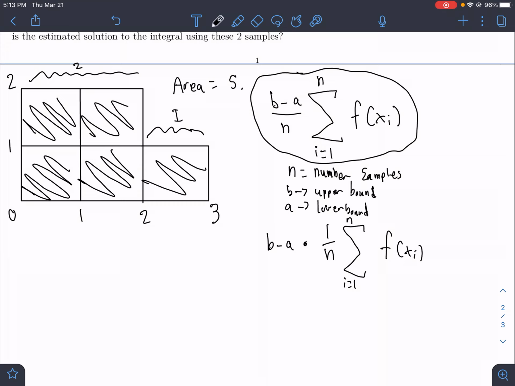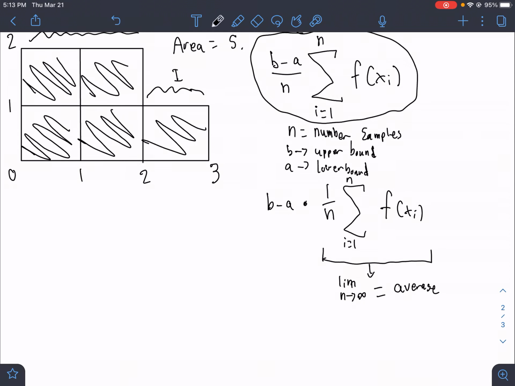If you think of it, 1 over n times all of our samples, as n goes to infinity, this is going to equal the average of our function, right? And we multiply that by b minus a in order to scale it to the length that we're doing, right? So that's really the method behind the Monte Carlo method.